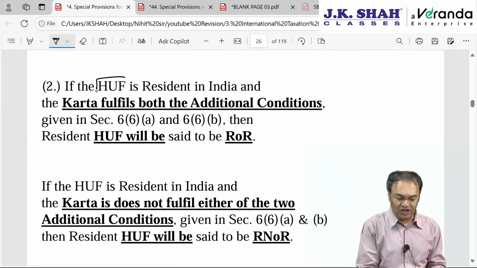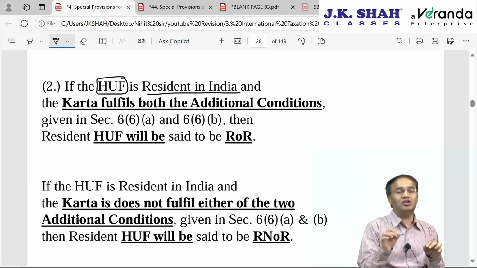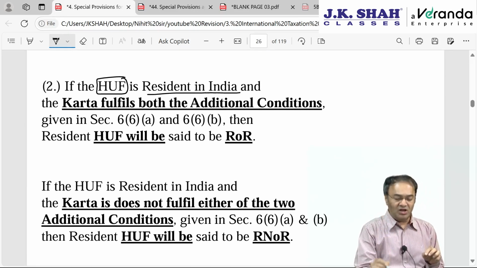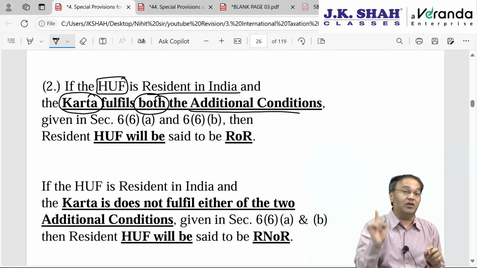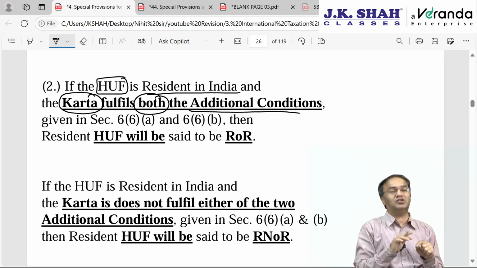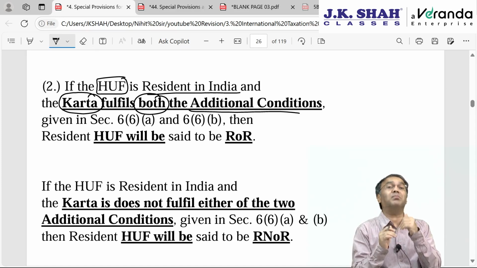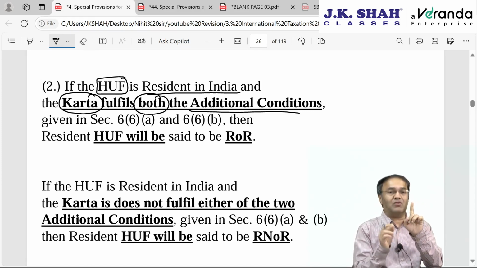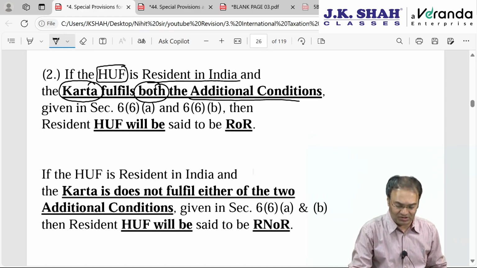Now out of them, only an HUF which is resident in India can be ROR or RNOR. When will it be ROR or RNOR? The two additional conditions which we discussed will have to be fulfilled by the Karta. Both additional conditions require us to have some past data. The first requires data of the last 10 years and the second requires data of the last 7 preceding previous years.